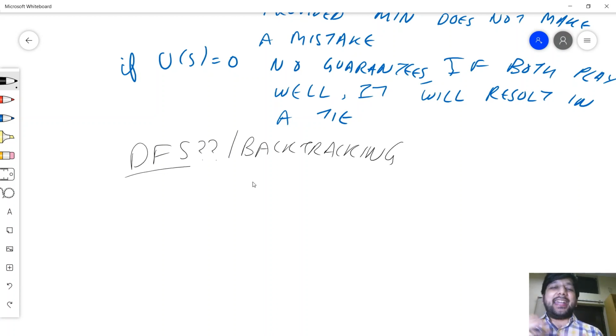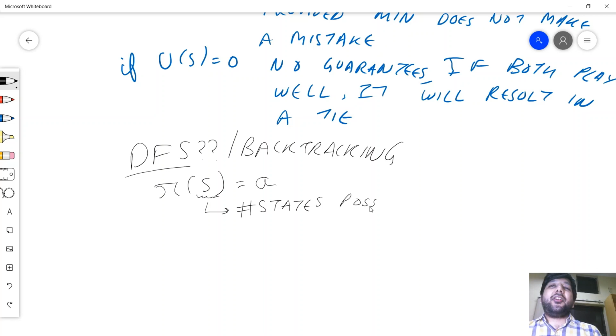Now, I get a lot of immediate questions. You said that your policy or your output is the strategy pi(s), which means a map that maps every possible state to an action, which means the memory requirement of this is the number of states possible, or practically the entire state space.